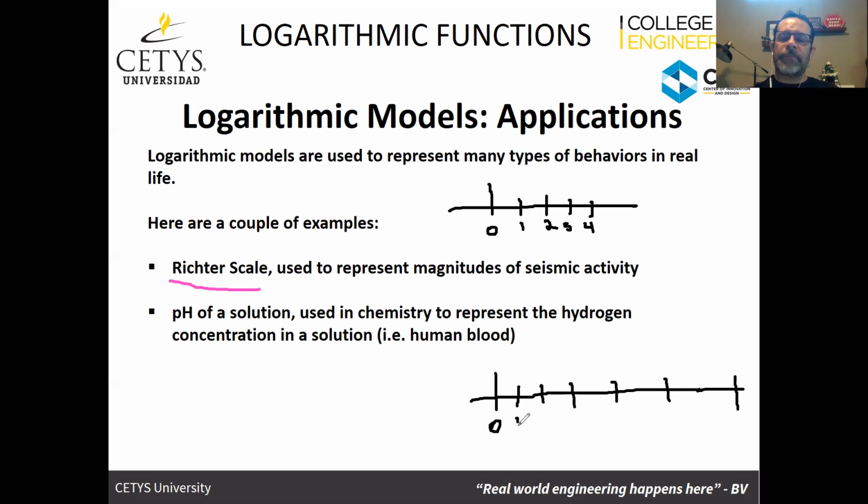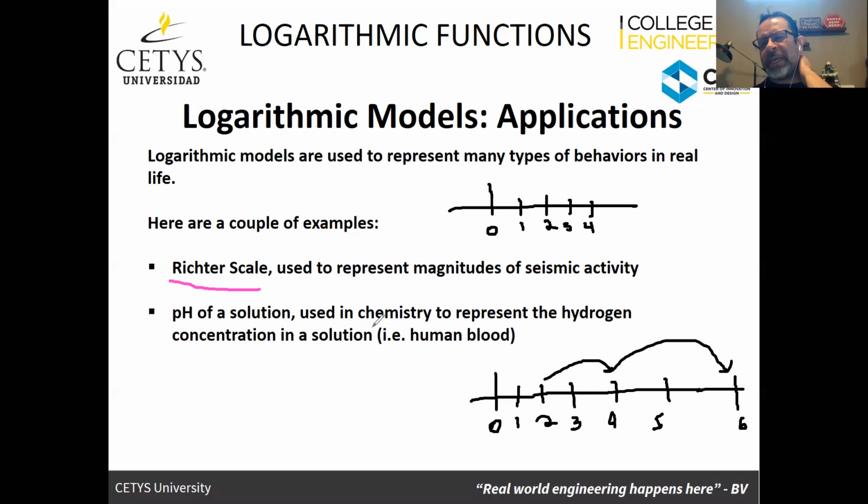The spaces between the intervals are going to be different. And so the Richter scale is an example of that. Again, the magnitude between 0 and 1 and 1 and 2 are small, but the magnitude between 2 and 4 is larger. And the magnitude between 4 and 6 is larger, regardless of if in units the separation is 2, the separation in the scale is larger. So the Richter scale is an application of that.